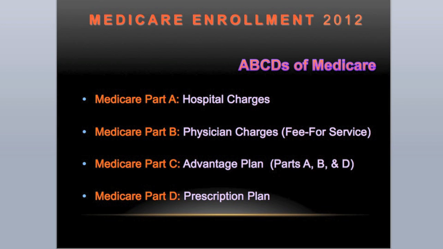If you are planning on having Medicare Part B, which is called the traditional Medicare coverage, then you may have to buy a supplemental insurance which covers the deductible and copay in addition to paying for your prescription drugs.